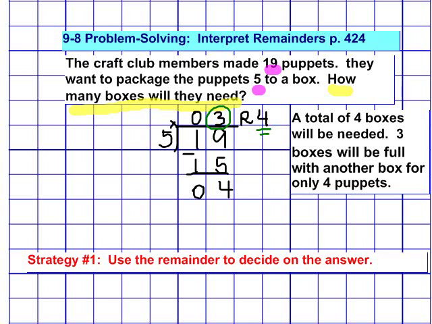We needed to put those puppets into a separate box. So we needed to add 3 plus 1 more box, and there was a total of 4 boxes needed. So we needed to look at the remainder in order to decide on the answer. It does not mean that the remainder was the answer, but we had to instead use that information and add it to our quotient.